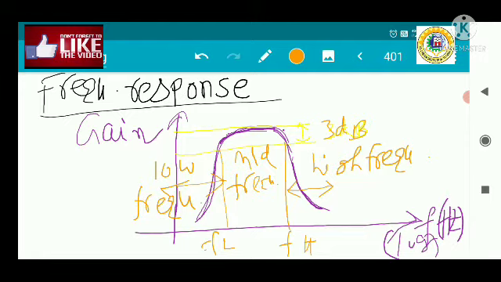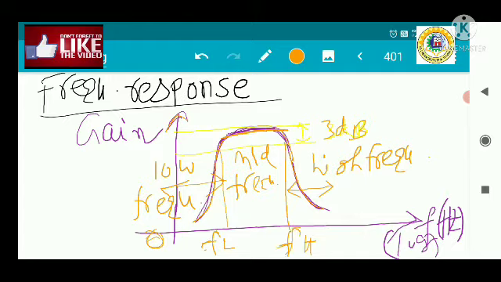Now you can easily see from the diagram that in the middle region the gain is constant, but after that the gain reduces drastically when you go to the lower frequency and to the higher frequency. So the amplifier gain reduces drastically as we move towards the low frequency and the high frequency, and that's why there are two cutoff frequencies, the lower cutoff frequency and the upper cutoff frequency.